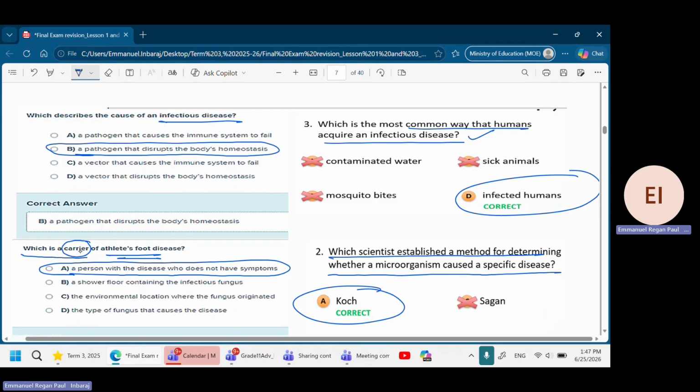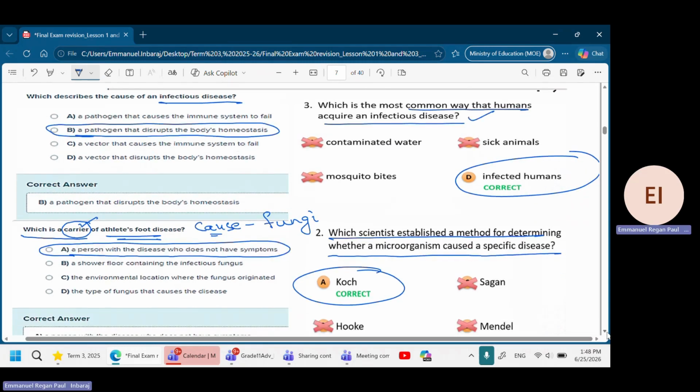So he is called a carrier. Okay, what is the cause of a disease? The cause of athlete's foot is a fungus. But they did not ask you the cause. They asked you who is a carrier. So a carrier is a person who does not have symptoms. Yeah, let's go to the next one.